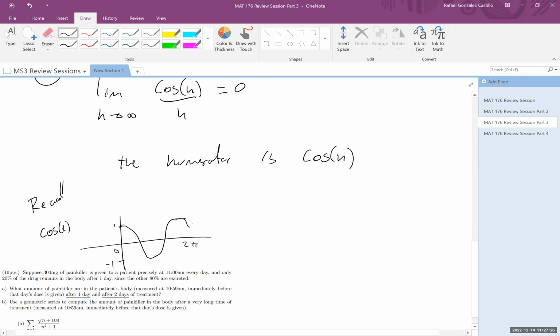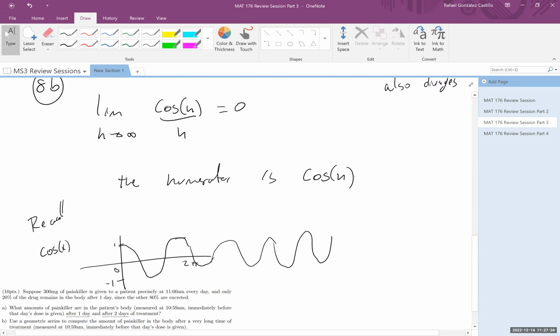But no matter how much x grows, you're always oscillating between -1 and 1. So the highest cosine gets is 1, the lowest cosine gets is -1.